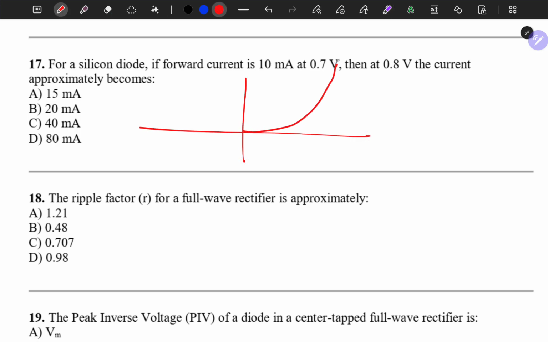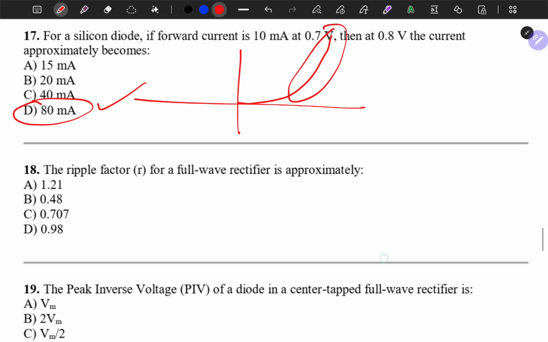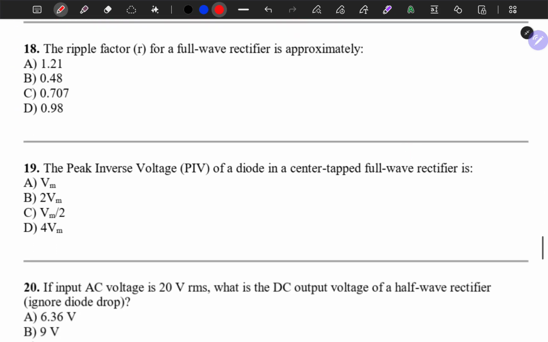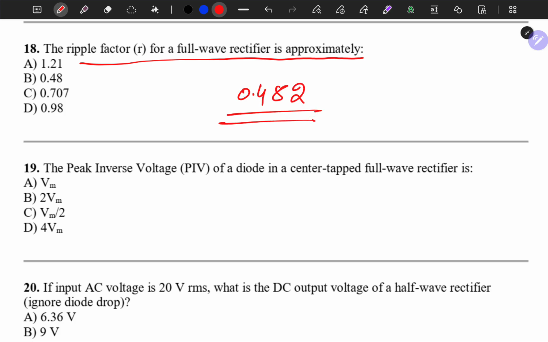So the maximum result will be 80 milliampere, which is option D, because it's just like an exponential increase. The ripple factor for a full wave rectifier is approximately 0.482. So that is option B.